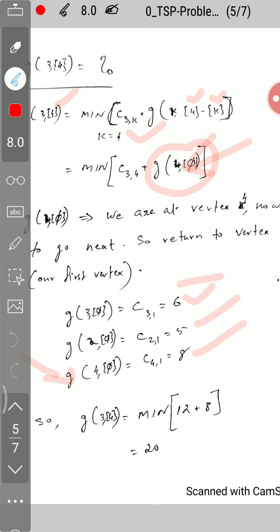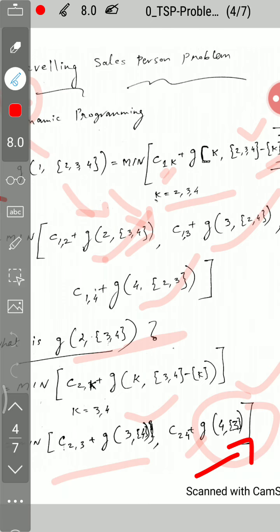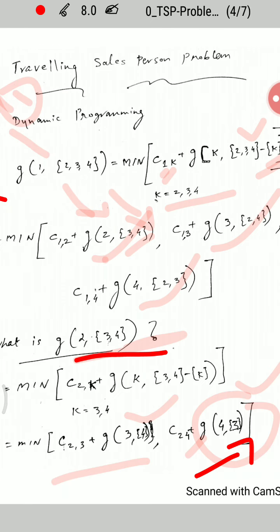It was the minimum of c(2,3) + g(3, {4}) and c(2,4) + g(4, {3}). Now we have the values g(3, {4}) and g(4, {3}), and we know the edges go 2 3 and 2 4.